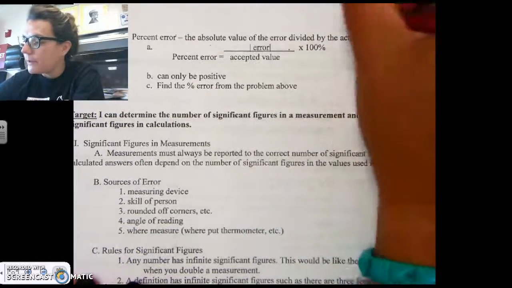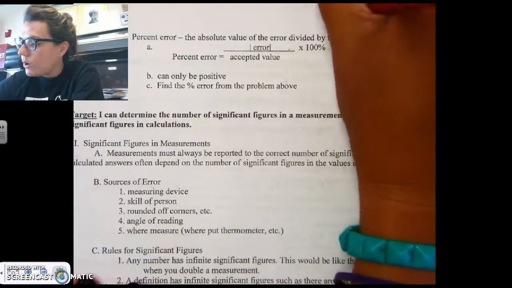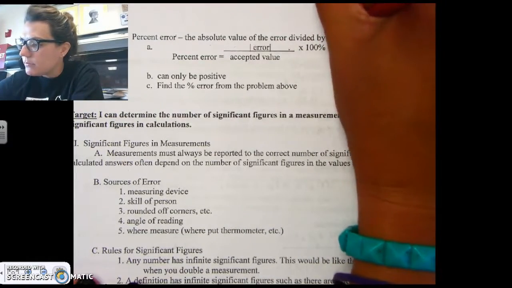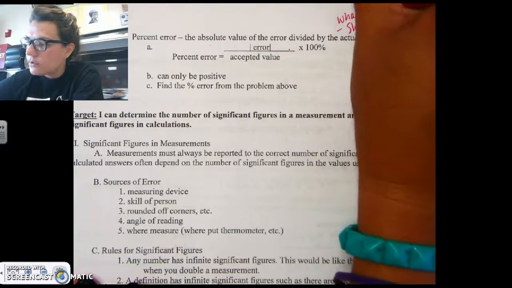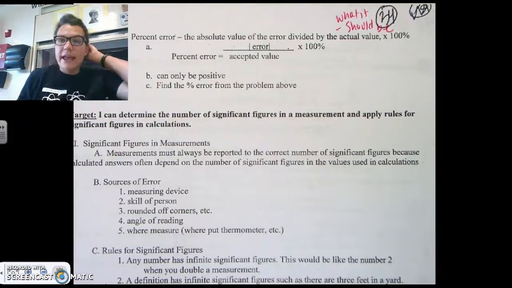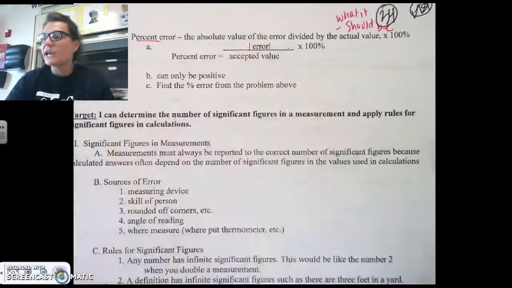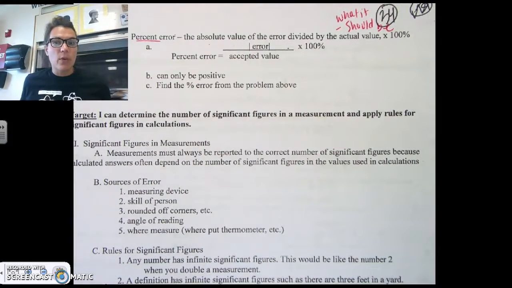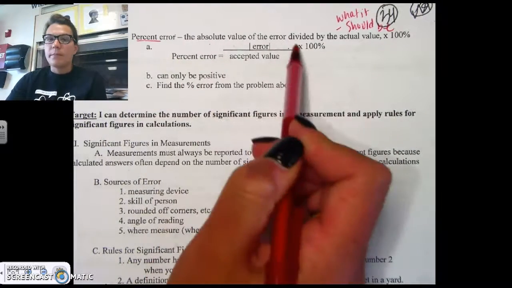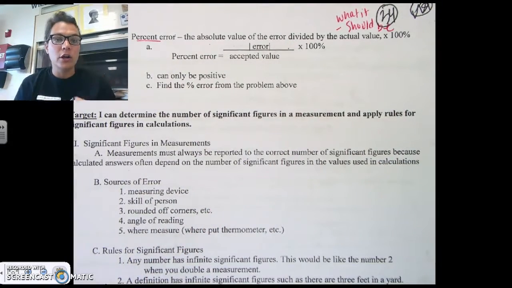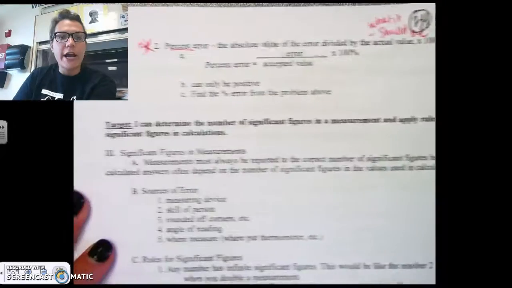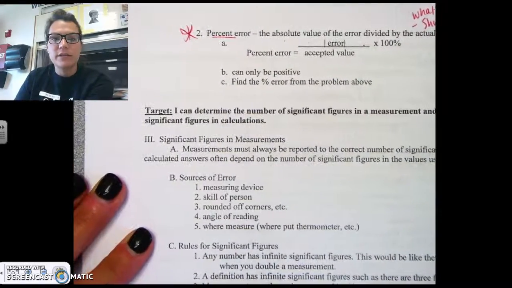So let me make that clear. Actual is what it should be, like it's defined. And since we're talking about a percentage, we're going to have to multiply that by 100. So here's the equation. Percent error is equal to error divided by the accepted value times 100. I'm going to rewrite that with our error equation.